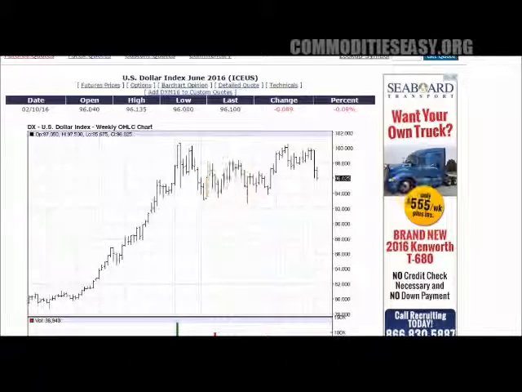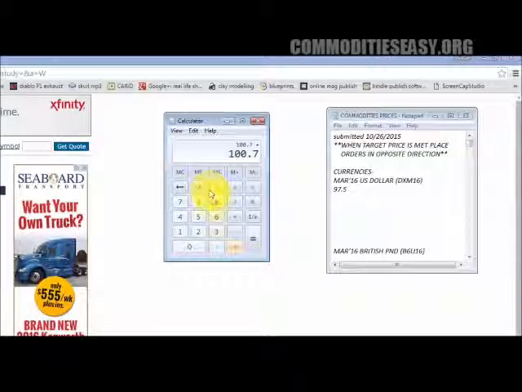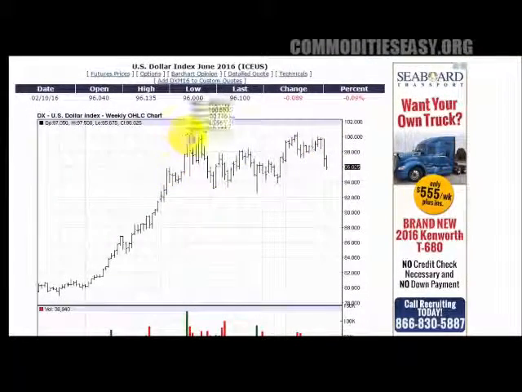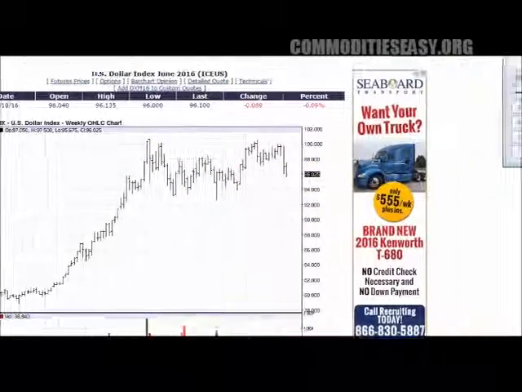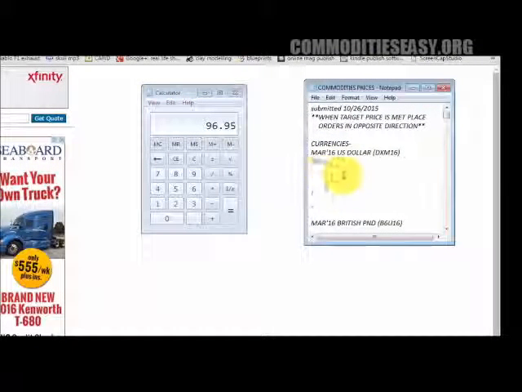So 93.2, and of course, divided by 2. And that's 96.95. So the 50% retracement on this chart is 96.95. So we enter that as our low number.